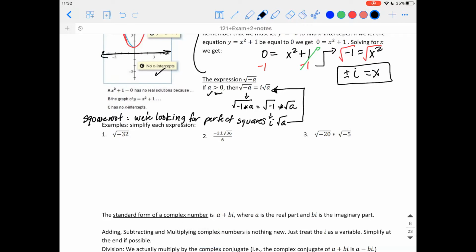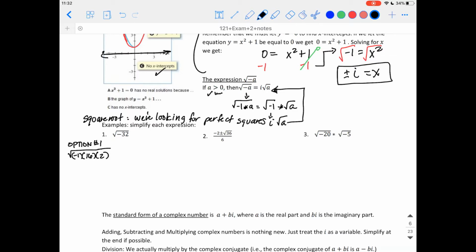So there's two things that we can do. The quickest way, so I'm going to put here option number 1, is technically to do square root of -32. I know it's going to be -1 times the square root of 32, and I can make it as 16 times 2, because 16 times 2 is 32. And I love 16 because the square root of 16 is 4.